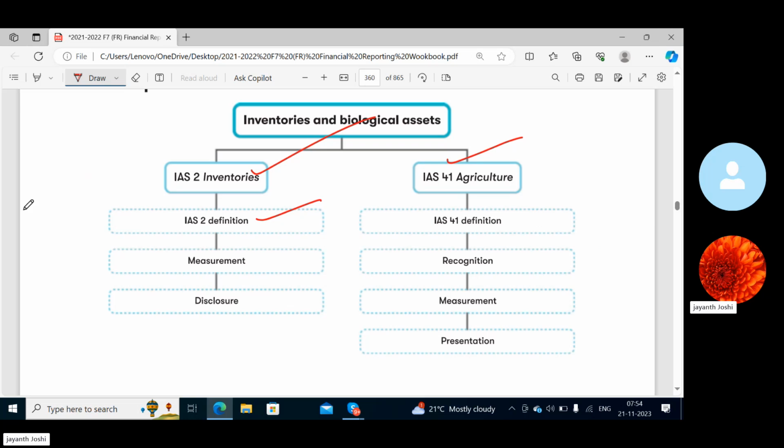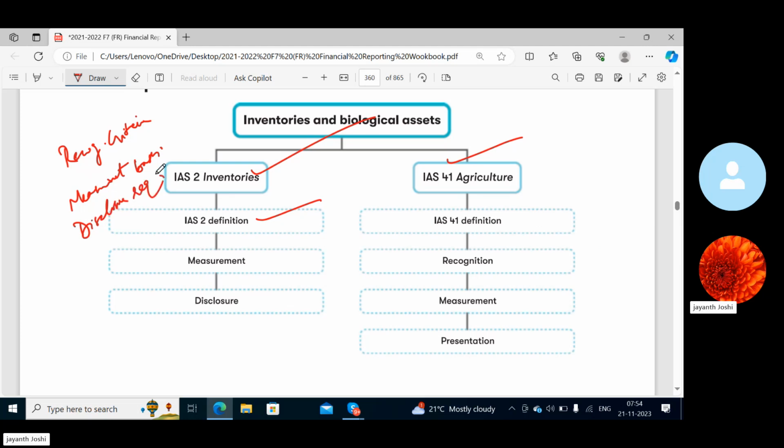Always when I speak about any standard, I say a standard tells you about recognition criteria, measurement basis, and disclosure requirements.